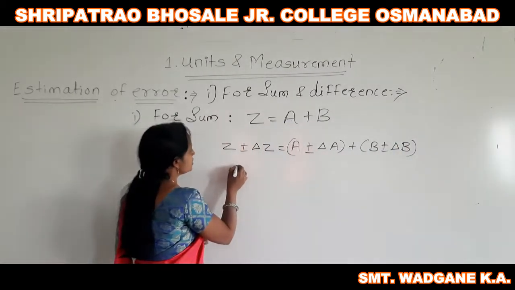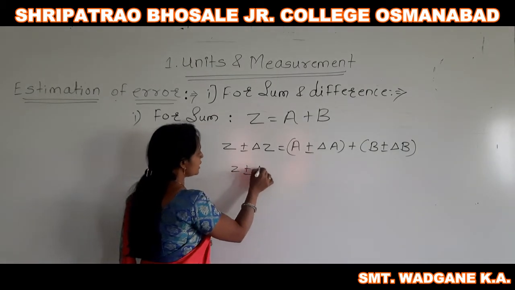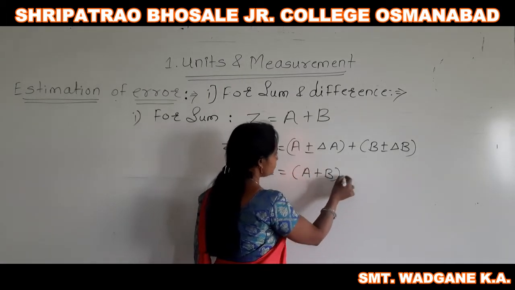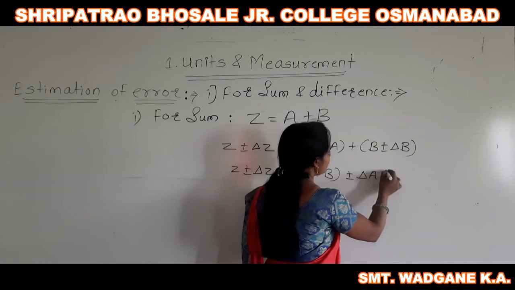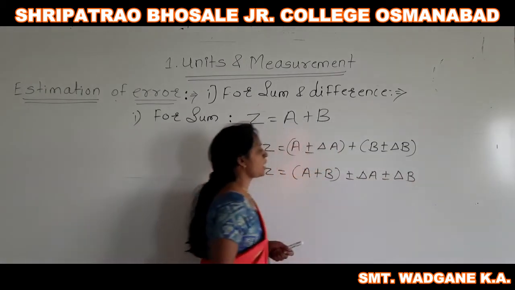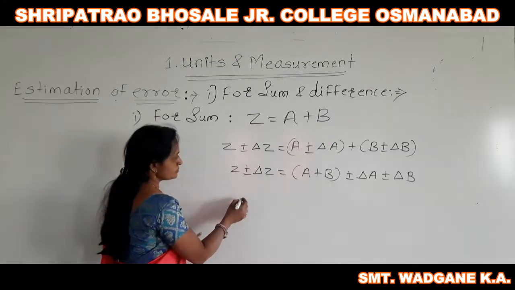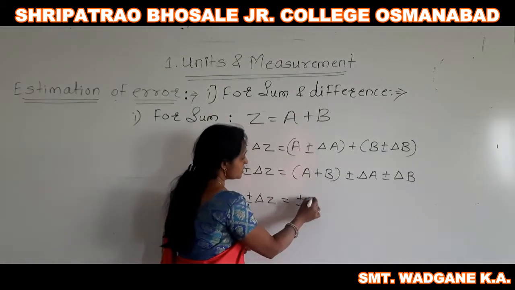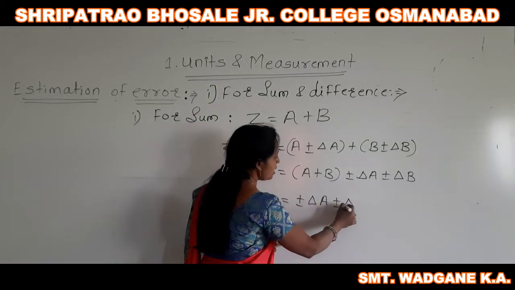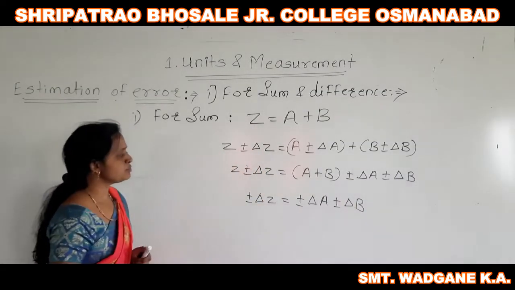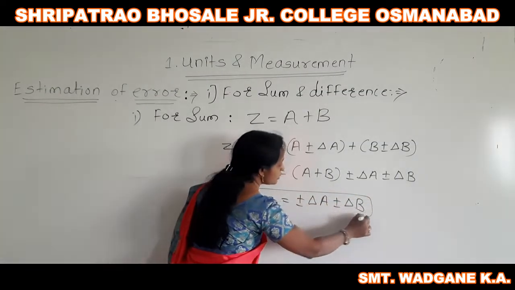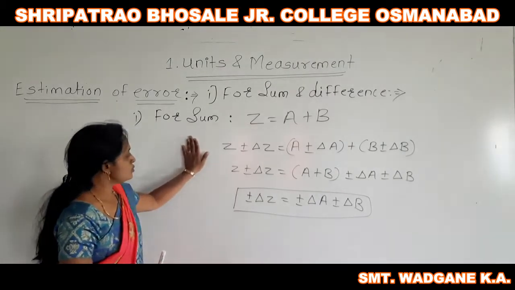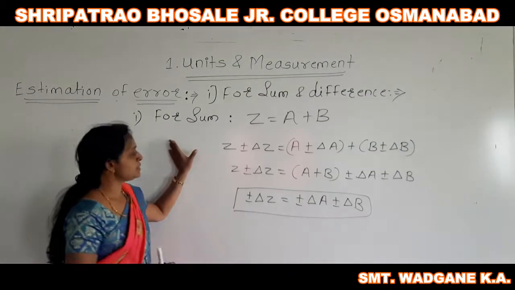Then we have to write Z plus or minus delta Z. You can add these terms, that is A plus B plus or minus delta A plus or minus delta B. Therefore, we get plus or minus delta Z is equivalent to plus or minus delta A plus or minus delta B. Because Z is equal to A plus B, we can also write delta Z is equal to delta A plus or minus delta B. This is the absolute error in case of the sum method.